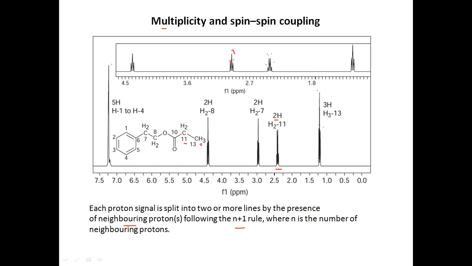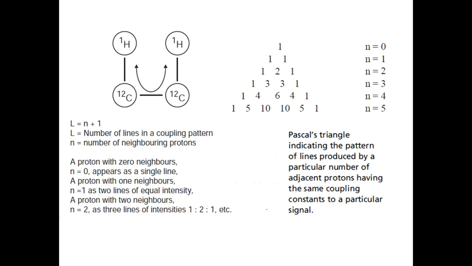So how does this spin-spin coupling occur? How does this multiplicity come? It is the interaction of one proton spin with another proton spin attached to the neighboring carbon atom, where the multiplicity L is given as n+1, where L is the number of lines in the coupling pattern and n is the number of neighboring protons, right?